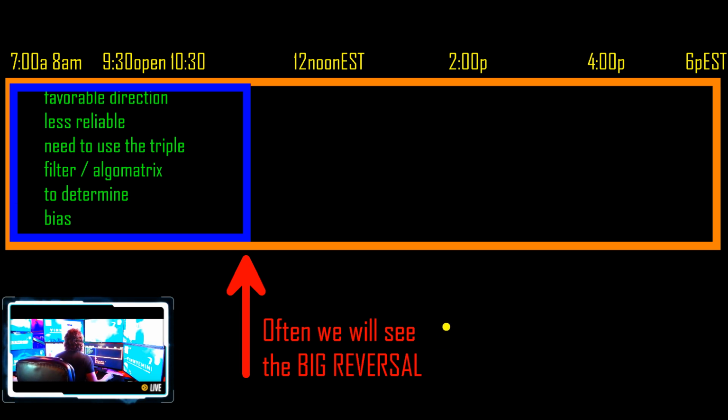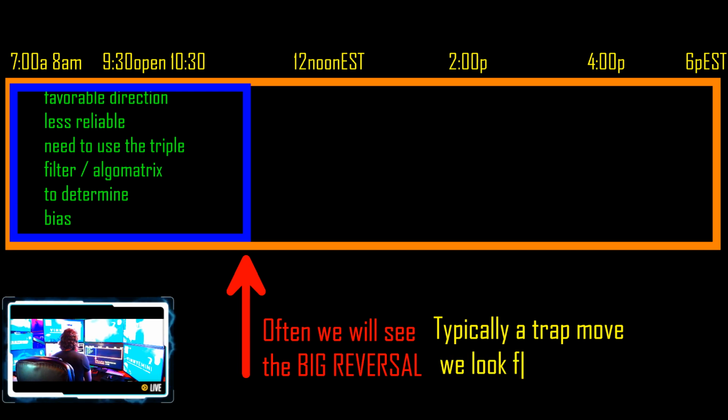We're looking for a trap move. And we look for the J hook. Okay, these should be part of your notes. This is some of our biggest trades, if you're catching that 11 o'clock spot right there.